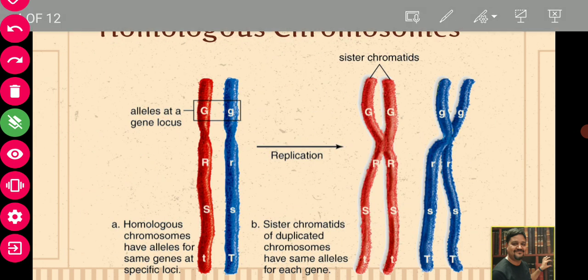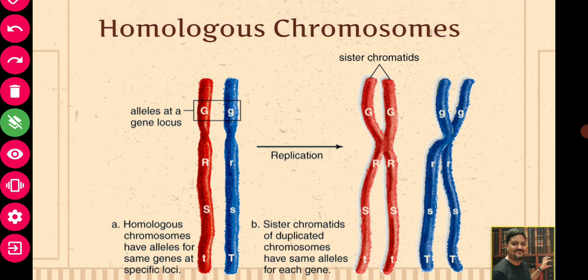Here you can understand it by seeing the position of these alleles on the chromosome. This is a hypothetical situation. Here you can see the alleles of a particular locus present on homologous chromosomes. One chromosome is from the father, another from the mother.